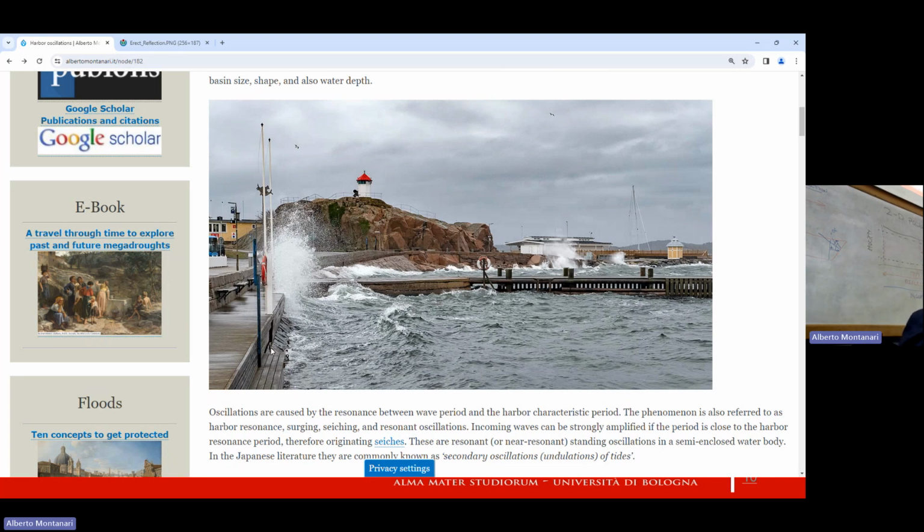If you imagine what may happen with a similar wave at the mouth of the harbor, it's a completely different situation, because at the mouth of the harbor, basically, the wave that comes out from the harbor doesn't have any possibility to influence the depth of the ocean. It's communication with a larger water body. So the larger water body is not influenced by the energy of the waves that come from the harbor. So basically, you have a fixed end at the mouth of the harbor.